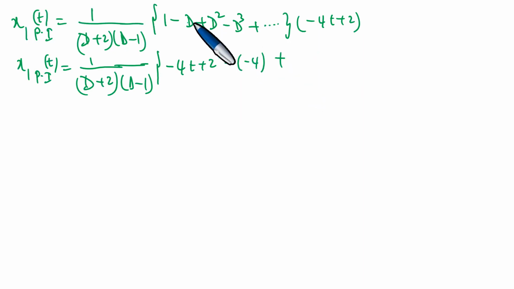Obviously, if you differentiate first, the first derivative is minus 4. The second derivative is going to produce a 0, and so on. And this is what we achieve.